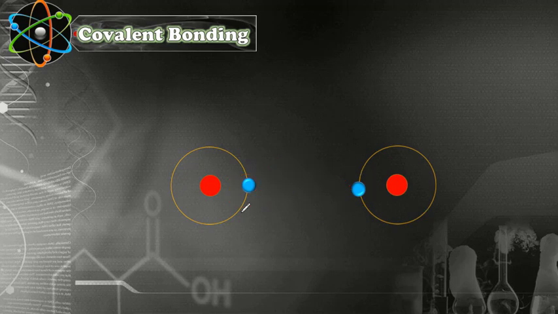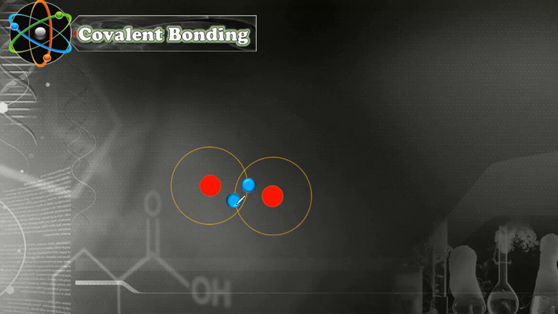So this atom is just going to come close to that atom. Now if you count, this atom has 1, 2, and the second atom also has 1, 2 electrons. So now every atom has two valence electrons, and their first shell is full with two electrons.